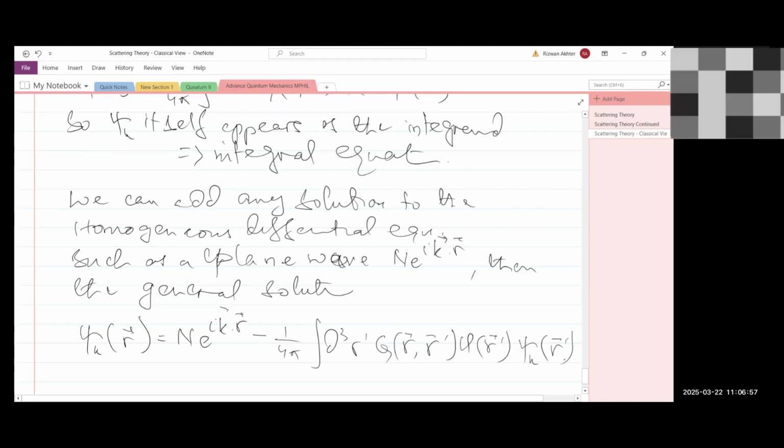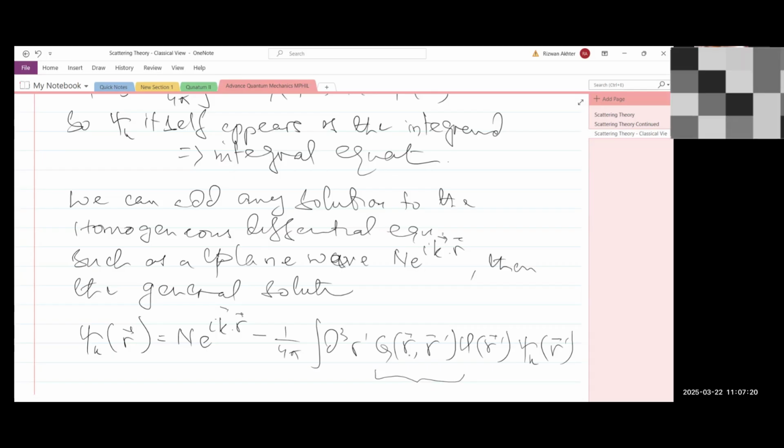So this is in fact the general solution. And once we know this Green's function in this integral equation, then the equation can be solved for psi k of r by using some iterative procedure.